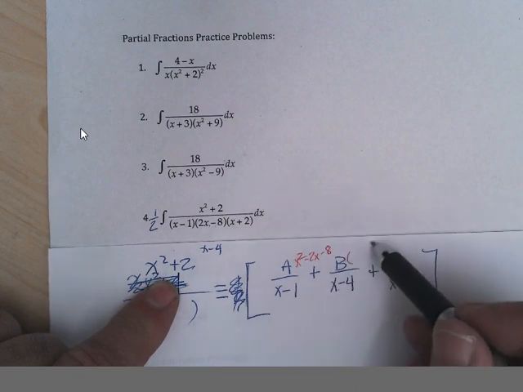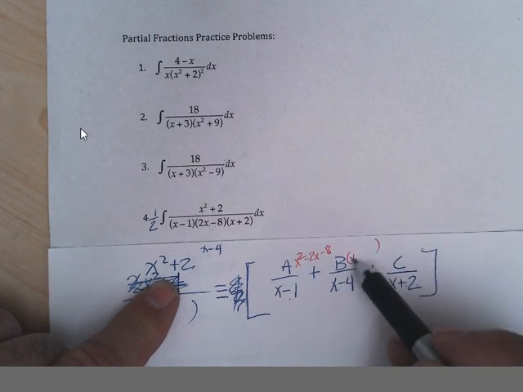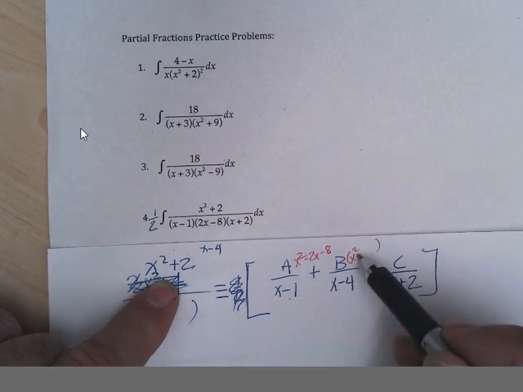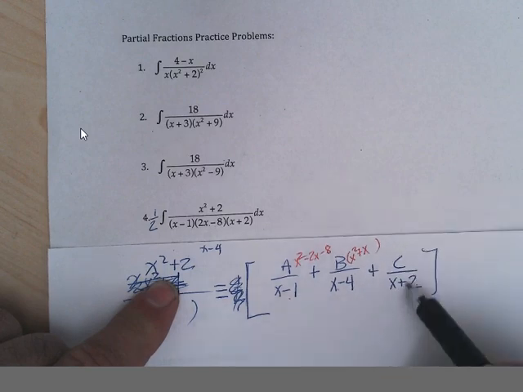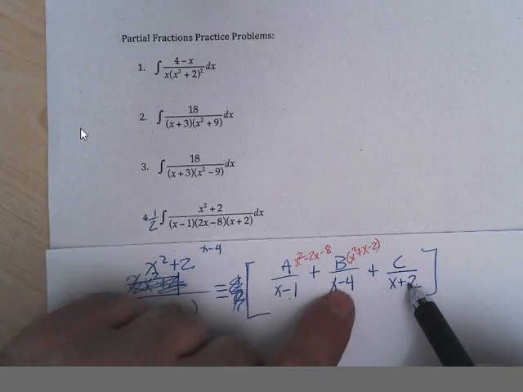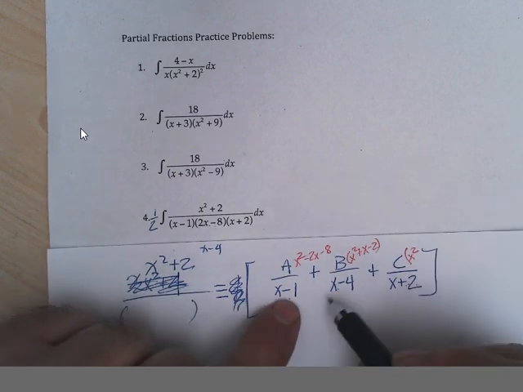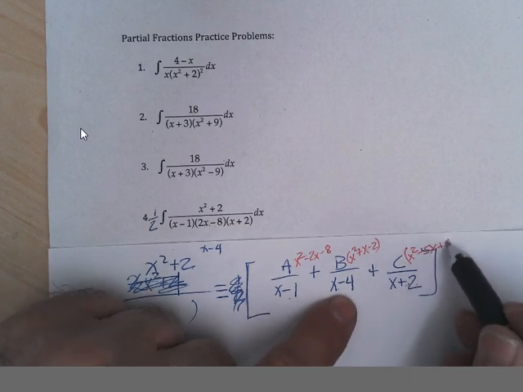This one needs to be that times that, which is x squared plus 1x minus 2. And this one would be these two multiplied, which is x squared minus 5x plus 4.